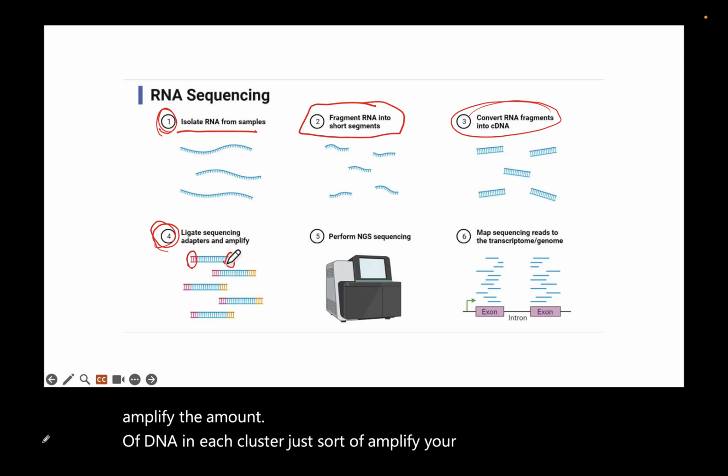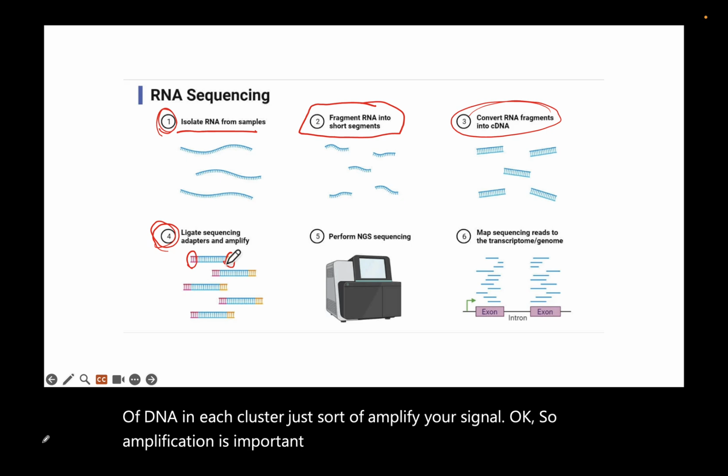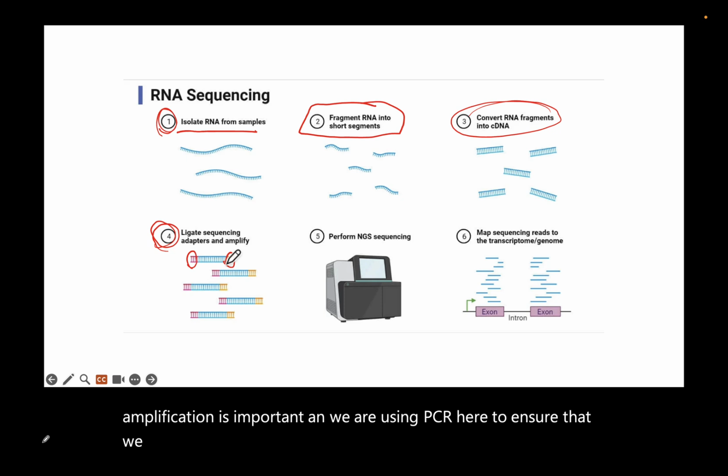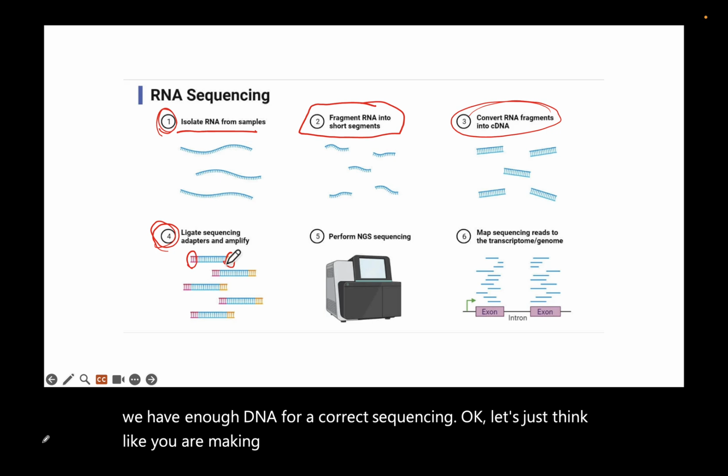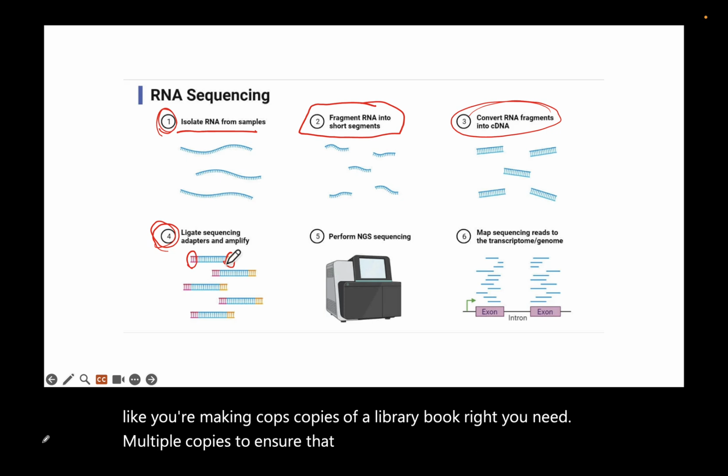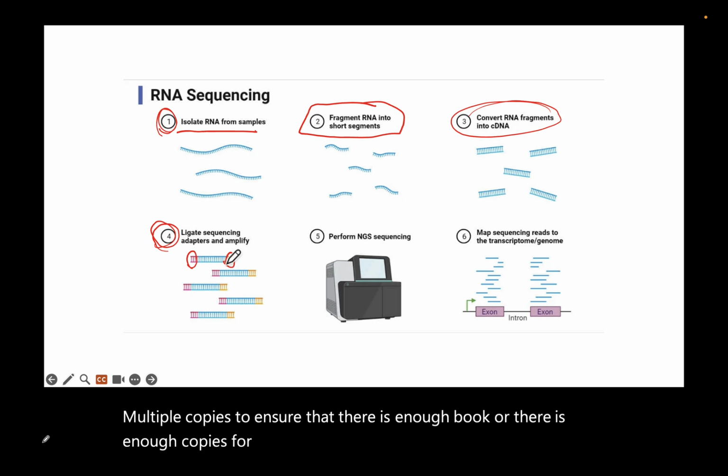Okay, so amplification is important, and we are using PCR here to ensure that we have enough DNA for a correct sequencing. Let's just think like you're making copies of a library book, right? You need multiple copies to ensure that there are enough copies for everyone to read.